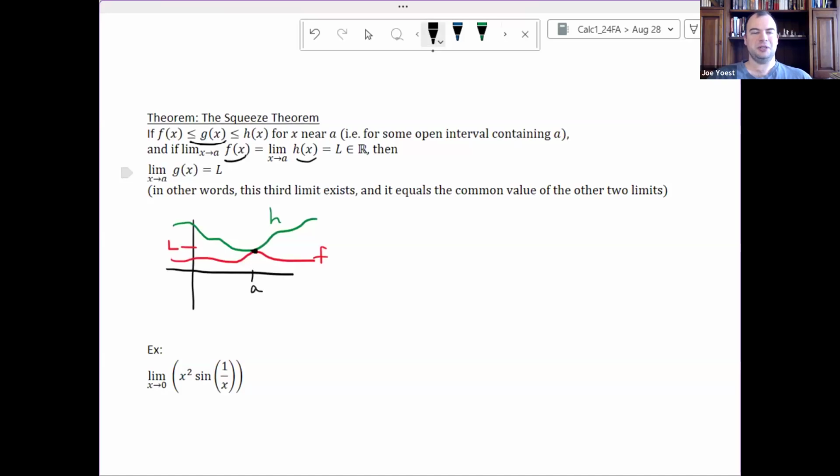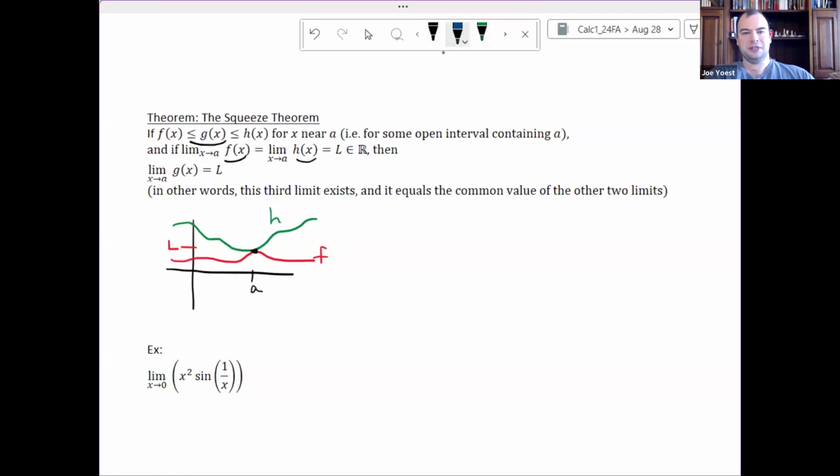It's squeezed between these two functions, where h provides an upper bound, f a lower bound, and as we get closer and closer to a, they, roughly speaking, approach the same point. I mean, they could be one of these edge cases where it's not defined at a or something like that, but the limit exists and is L.